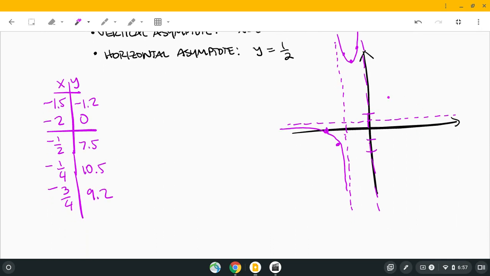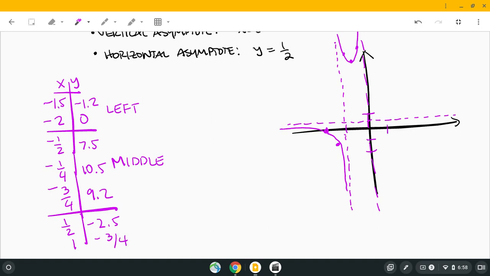Let's get the right side now. So this was from the left, these are for the middle, and now let's get some for the right. This is nice. We have choices here. Let's do 1/2 and let's do 1. When I plug in 1/2, I get -2.5. And when I plug in 1, I get -3/4.